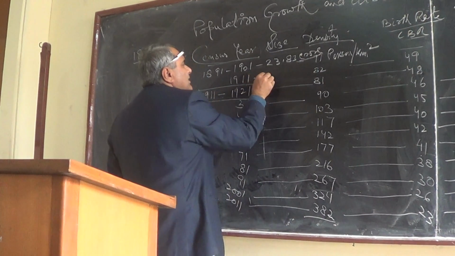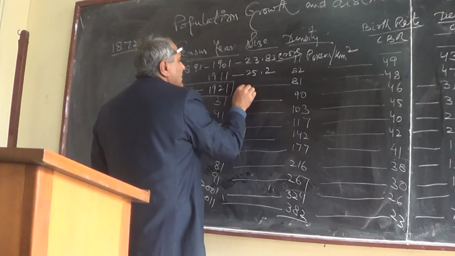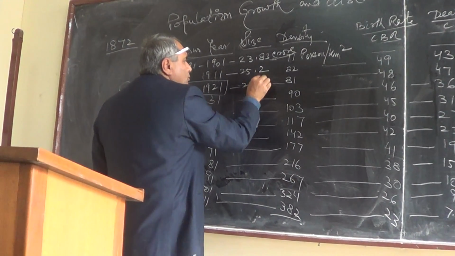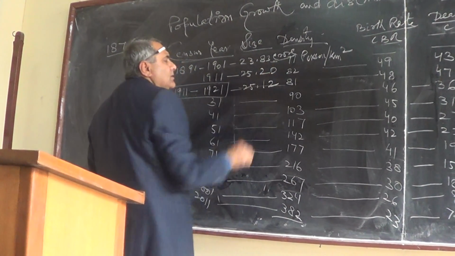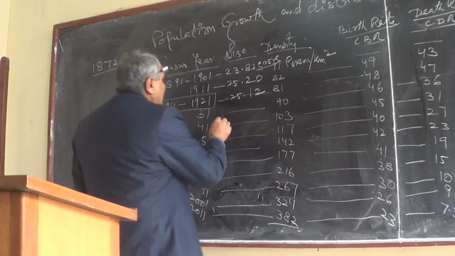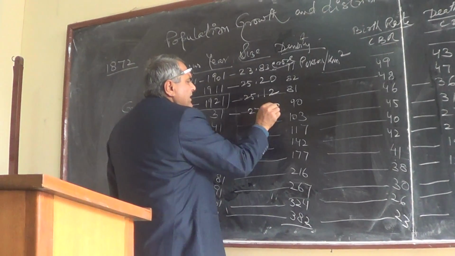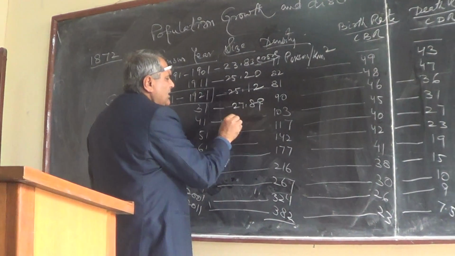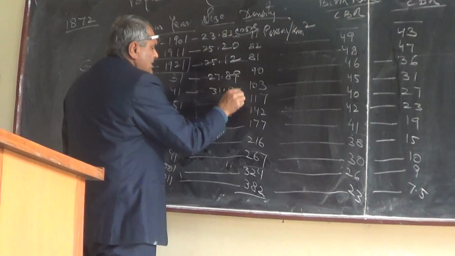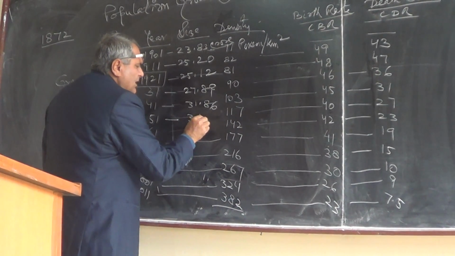Then further 25.25. 25.2. Then 25.12. 25.1. घट गया. So population decreased. Then in 31, 27.89. Then further 30.86. Then further. So this is very important.